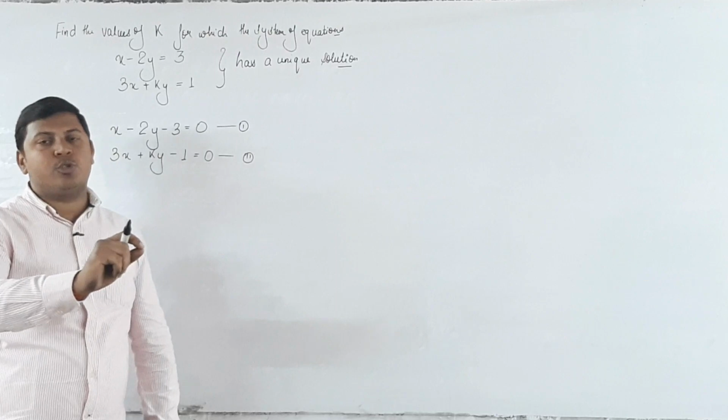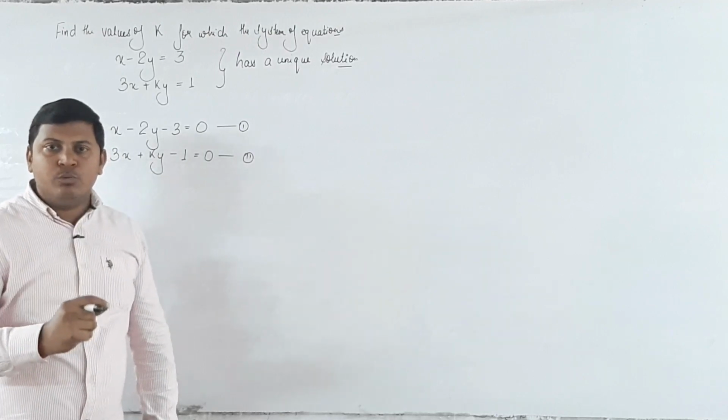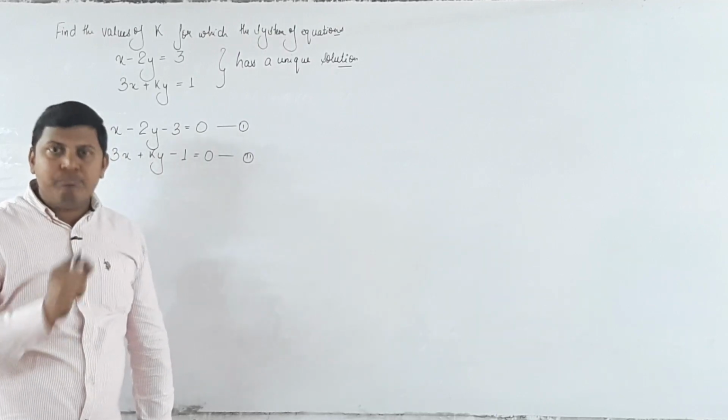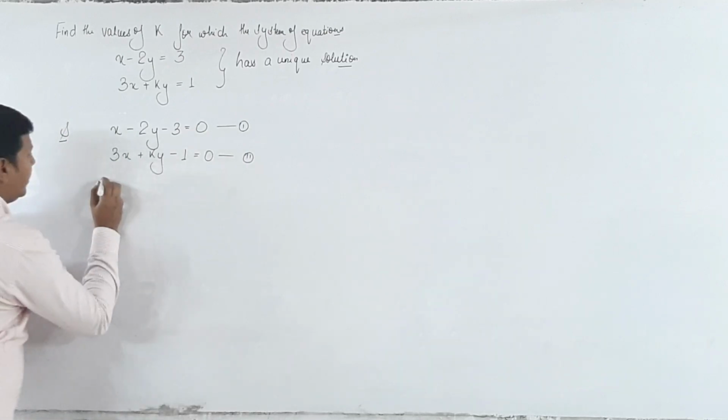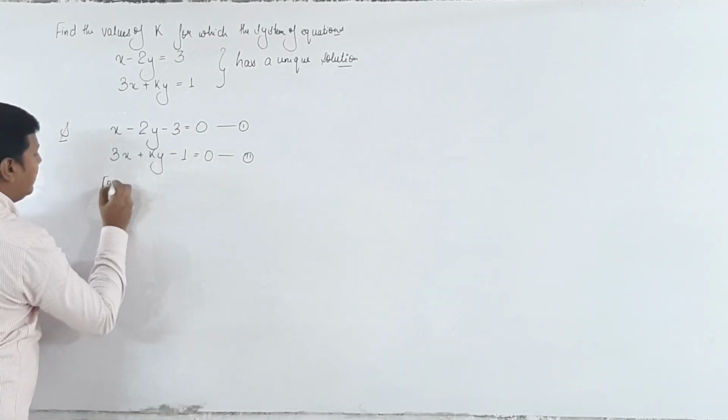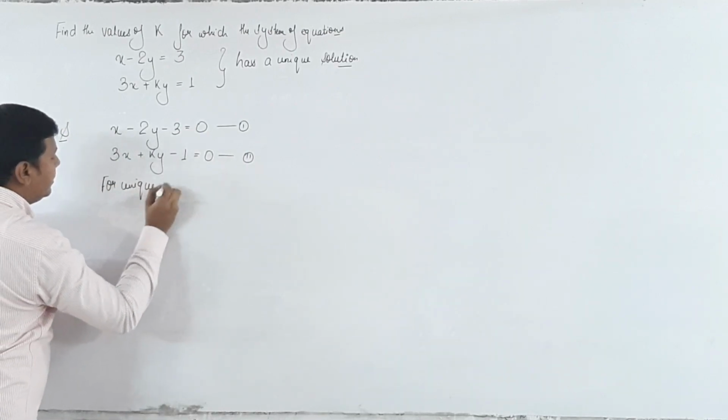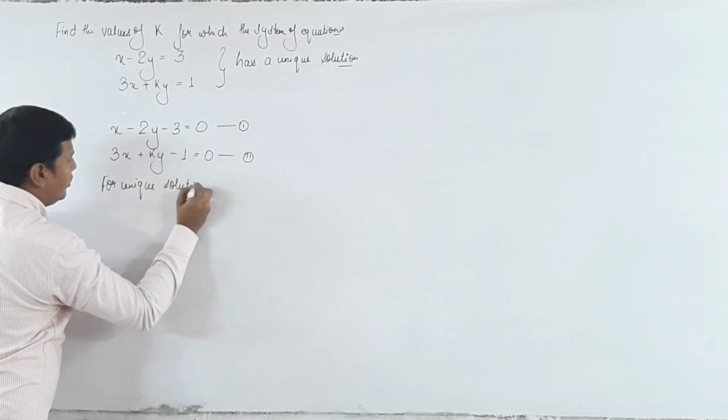And for a unique solution, we know that a1 by a2 is not equal to b1 by b2.